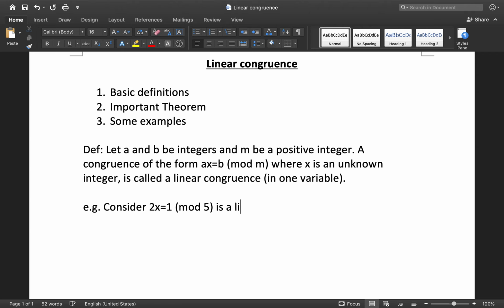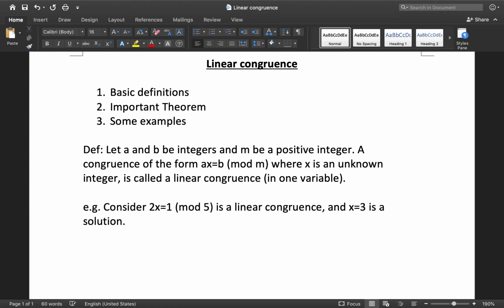So this is a linear congruence. And you can try to solve it, because this equation is not that complicated, especially since those numbers are small. You can, for example, try and error and see that x equal to 3 is a solution.